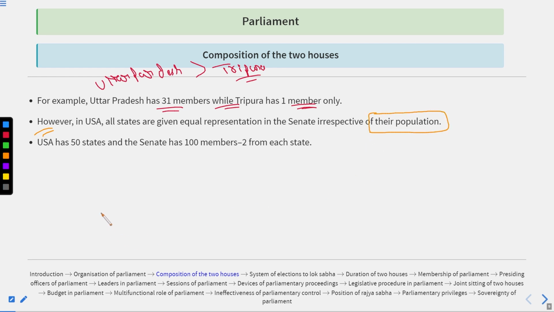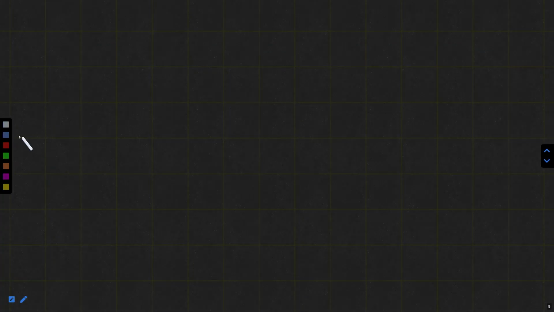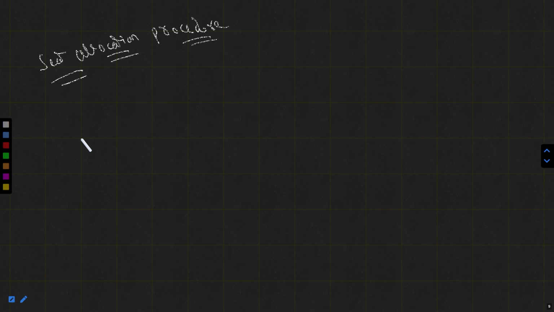If we compare the seat allocation procedure, there is India and there is the USA. In India, population is the base.